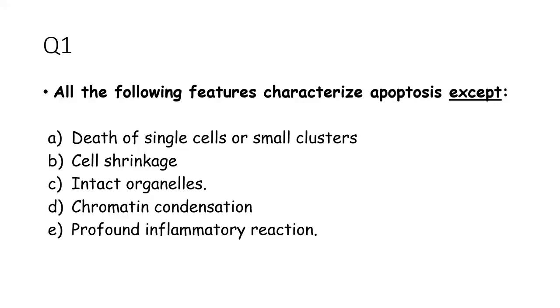All the following features characterize apoptosis except, which means you choose the opposite one. Death of single cells or small clusters, this is apoptosis. Cell shrinkage, this is apoptosis.